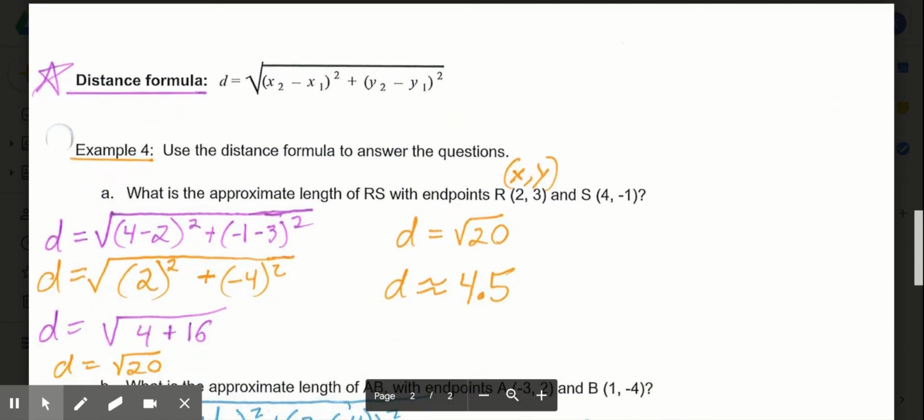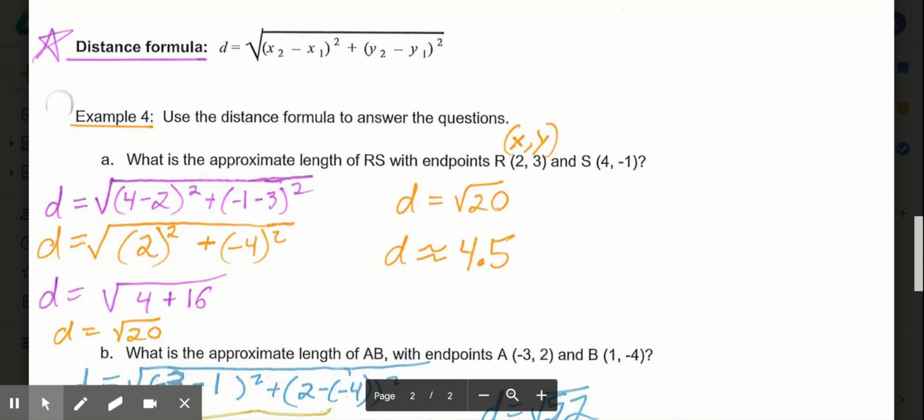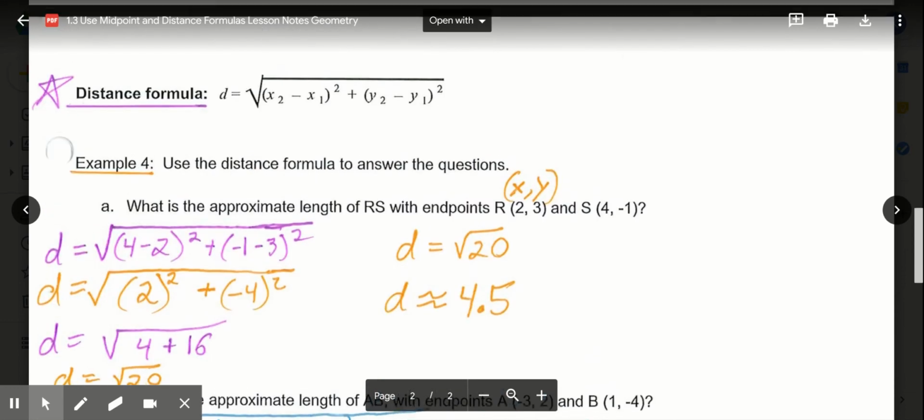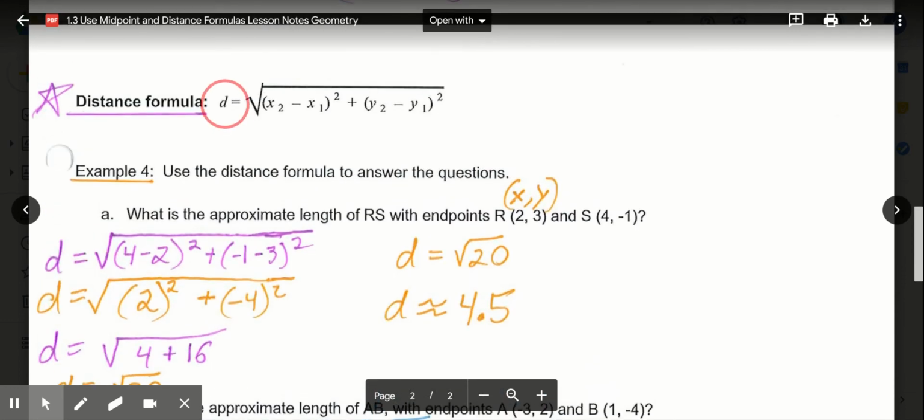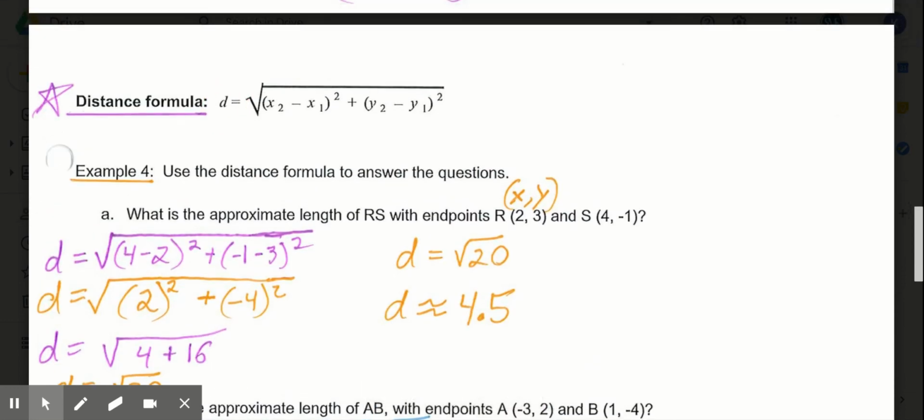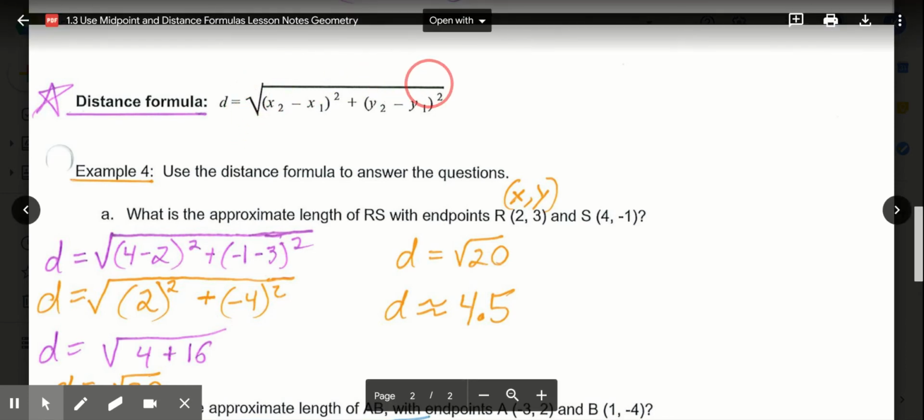Then the other main idea for this lesson is the idea of the distance formula. And you can see the distance formula here. It's represented with a lowercase d. So lowercase d equals the square root. So the whole thing is under the square root.